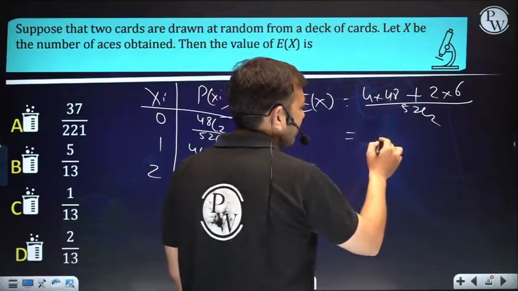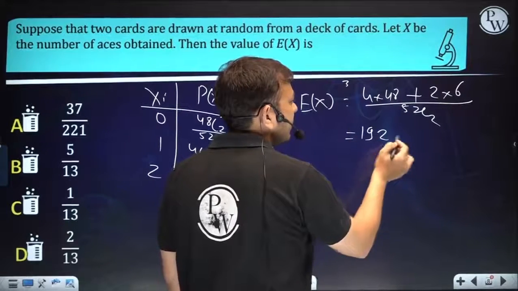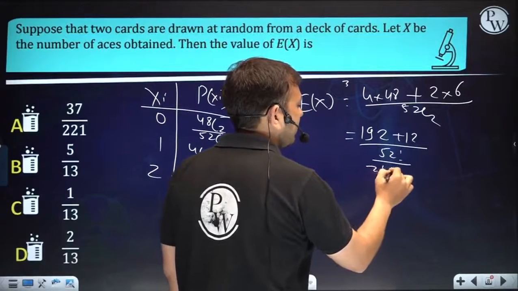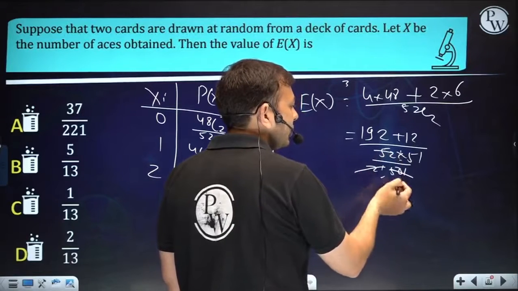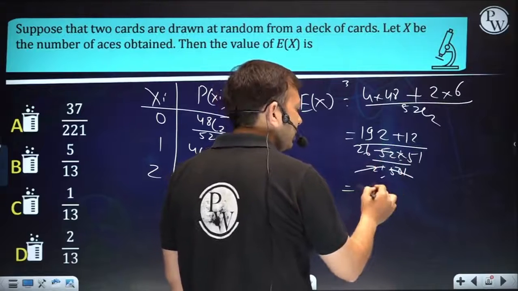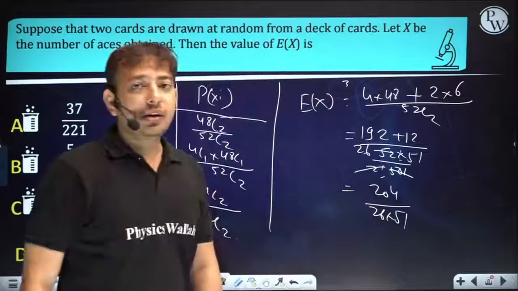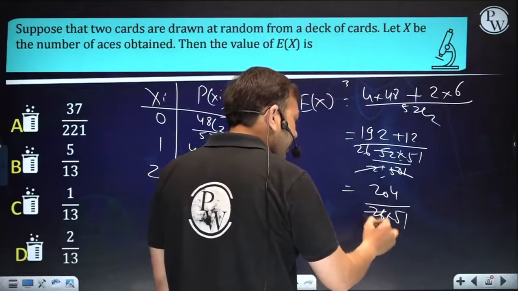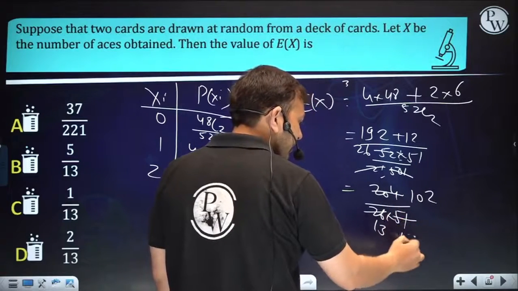So 4 8s are 32, 4 4s are 16, plus 3, 192 plus 12. 52 factorial by 2 factorial 50 factorial, this will be 51, this will get cancelled. 2 into 26. So 204 over 26 into 51. Now 2 13s are 102.